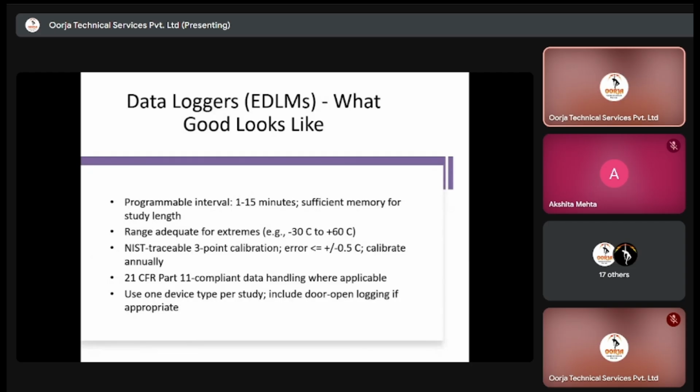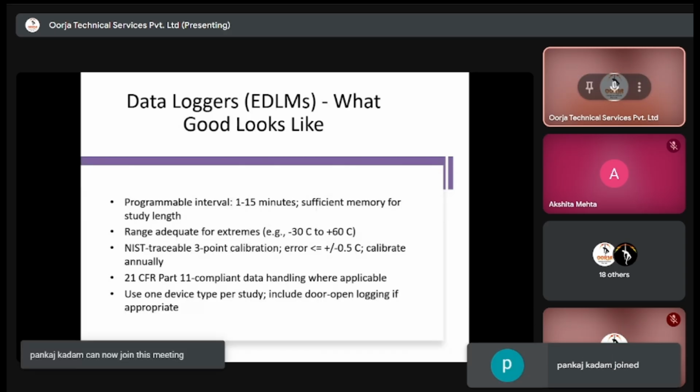Next, the data logger must be calibrated. Here it is mentioned that NIST traceable 3-point calibration, because it is mentioned in the guidelines, so I have referred to it. But it may be NABL traceable calibrated data logger as well, because NIST is related to the US. So in India, we can have NABL traceable calibrated data loggers.